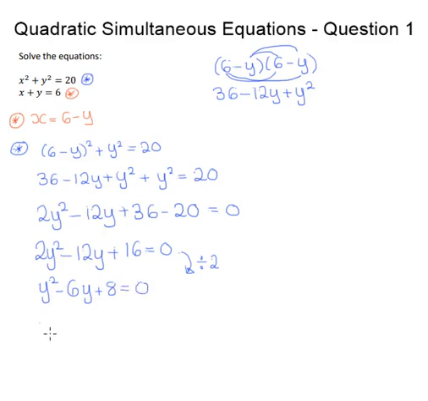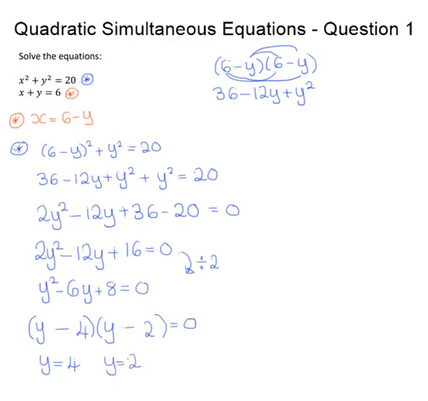We know to solve a quadratic, we first try to use double brackets. To get the y squared, I'm going to have a y and a y. To get the 8, I'm going to do 4 and 2. And to make it a minus 6, I've got to minus both of them. Just double check at the end, does that give me plus 8? Yes, it does. So that means that my values of y are y is 4 and y is 2.